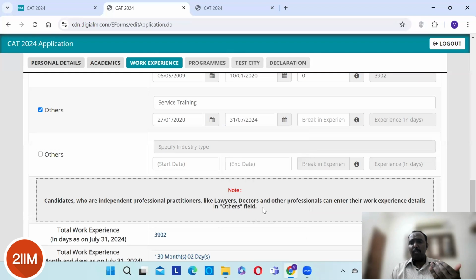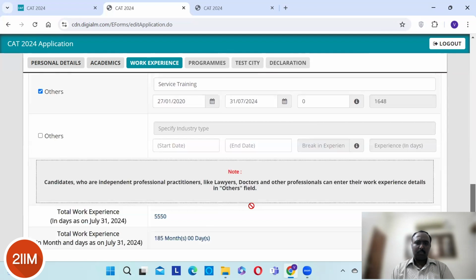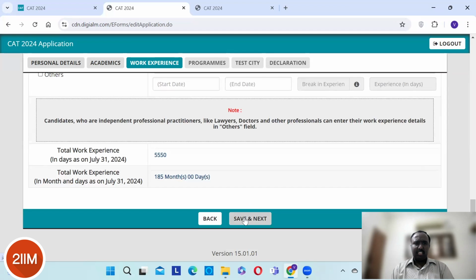We can give the maximum date only till July 31st. Of days would be counted over here. Now you can again give a 7 next.